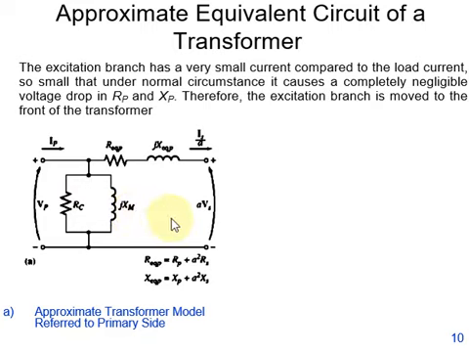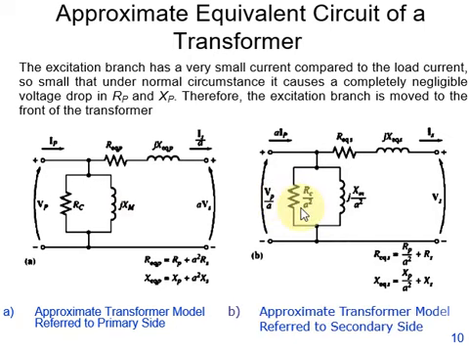A similar change has been made on the secondary side, as referred to the secondary side: the excitation branch has been moved to the front of the transformer because of its negligible effect.